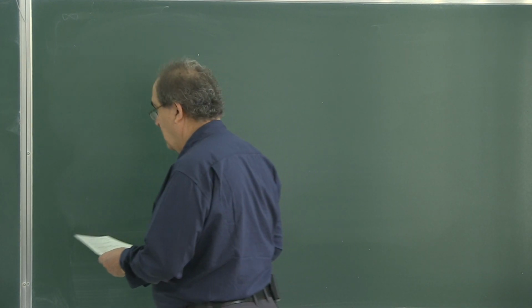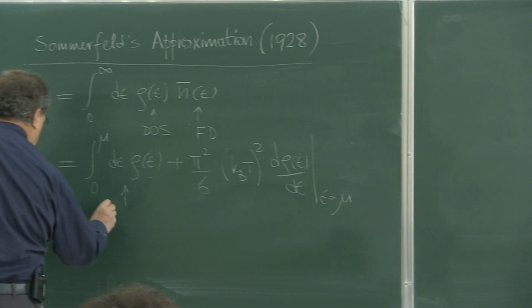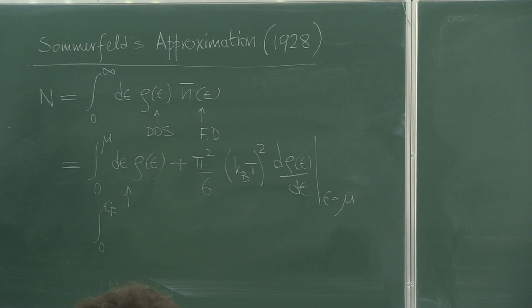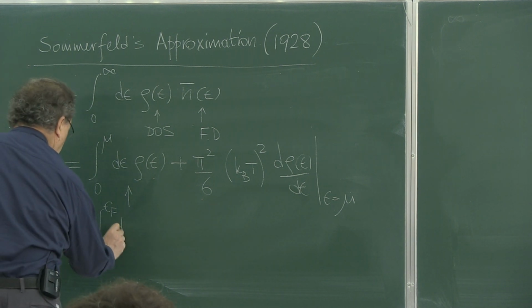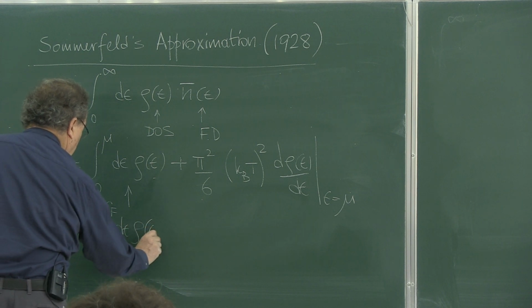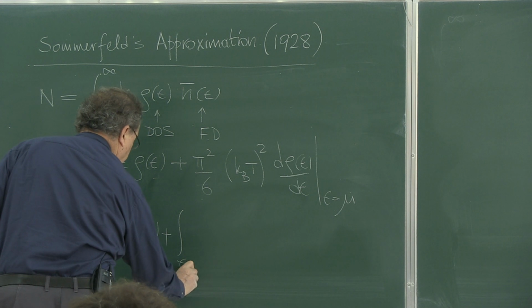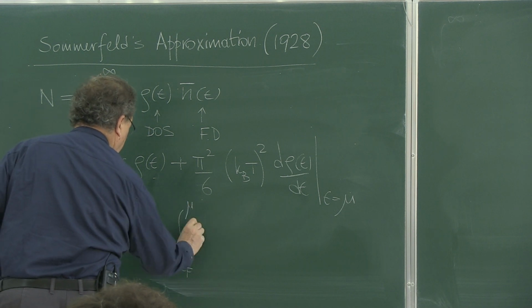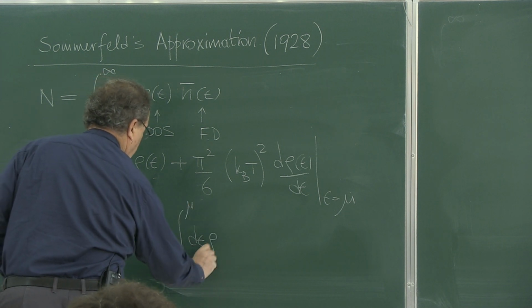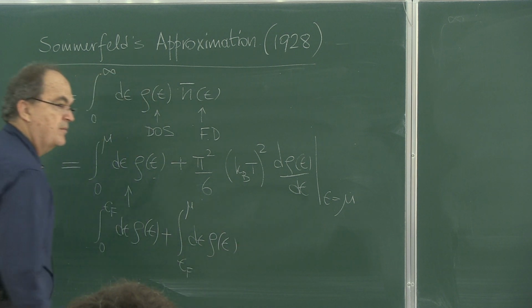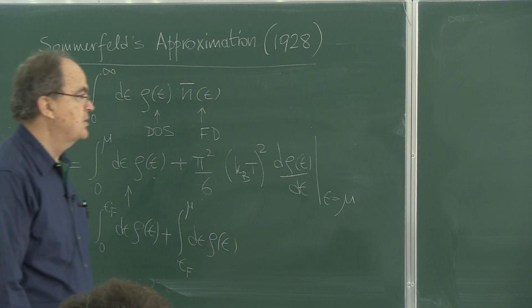Now, let's write this, separate this as two parts, one from 0 to Fermi energy EF at T equals 0, dE rho(E), plus a part from EF to mu, dE rho(E), isn't it? We can always do that.